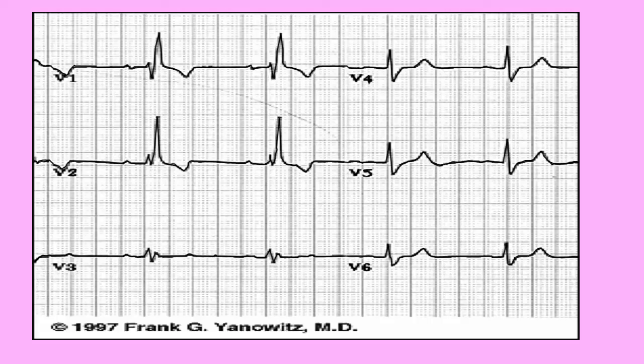This might be a good chance to just take a minute to review somewhat of a common theme that we've had throughout this course about the R wave to the S wave ratio in V1. We said early in the course that the R wave is generally smaller than the S wave in V1.